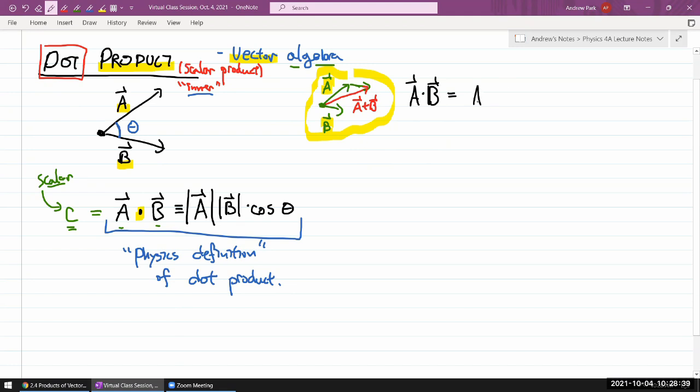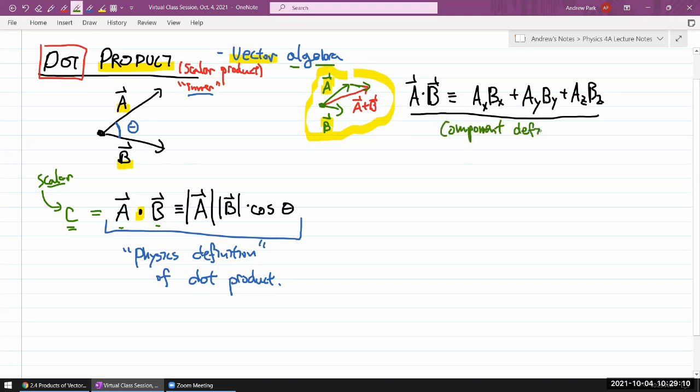So you would take the components AX, BX, multiply them, and add with all the other dimensions. You have typically X, Y, Z, three dimensions. And this would be presented as the definition of the dot product, at least that's what I remember in math class. This is the component definition of the dot product, or I guess the math definition.